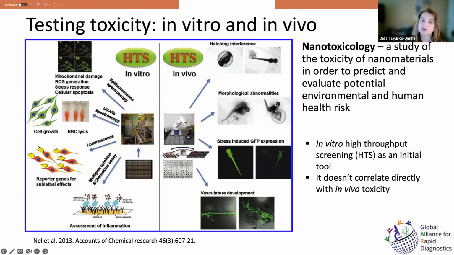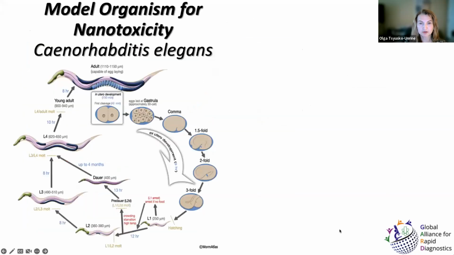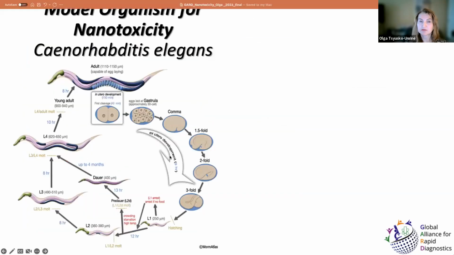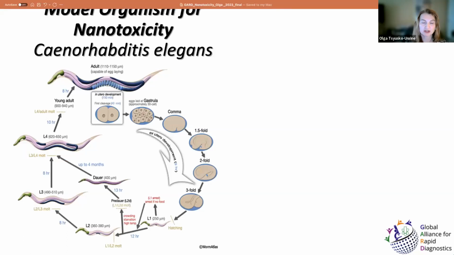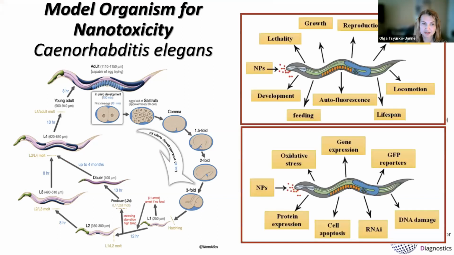And then we need to continue with in vivo screening, where we are using whole organisms. In this case, the example is zebrafish hatchery. There are also other in vivo organisms before we get to, for example, mammalian screening. Mammalian screening would be too expensive. So before we get to screening in mammals, we can also use model nematodes, such as Caenorhabditis elegans, which has a very short life cycle.